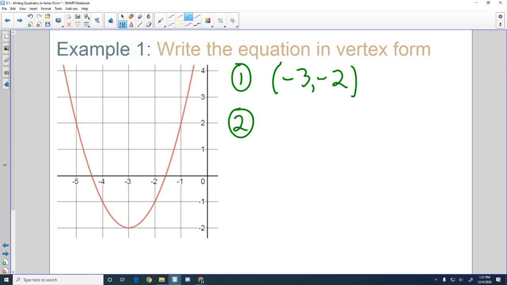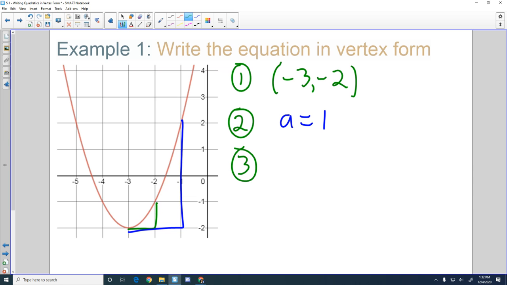No. How do you know? Because I was drawing the little lines in my head. Yeah, following that pattern. Right 1, up 1, we're good. Right 2, up 4, we're good. That's the standard pattern, right? So there is no stretch or compression. A equals 1. Nothing we need to do then. We're not even going to put that into our final equation.